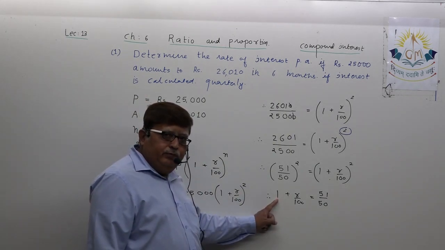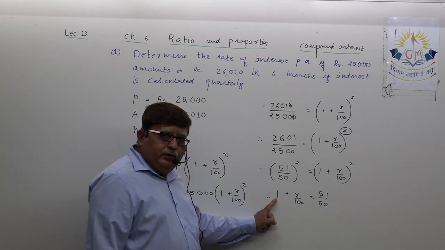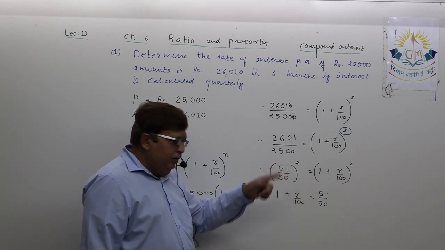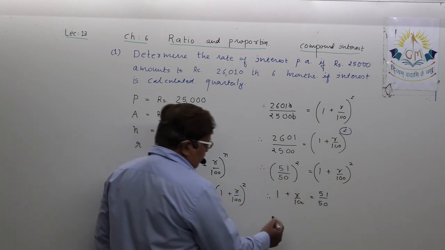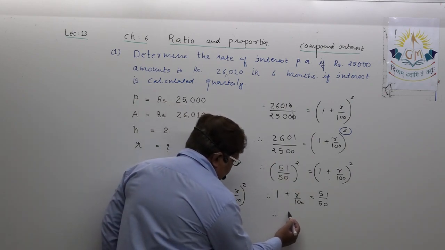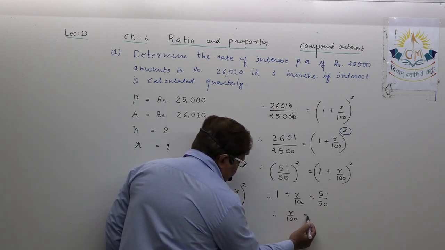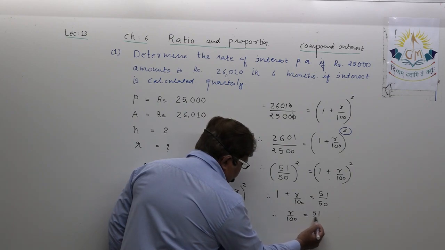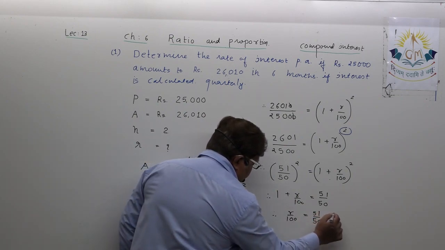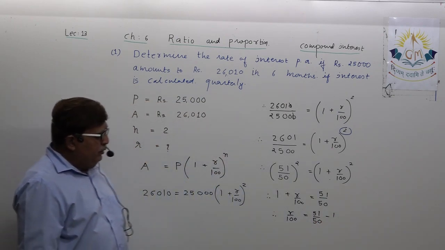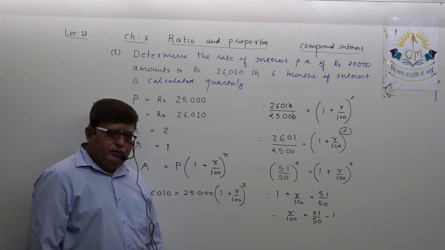The next step will be transferring 1 to the right side. Mind all the important steps involved. Therefore, r upon 100 equals 51 upon 50 minus 1. Is it becoming clear in your mind?